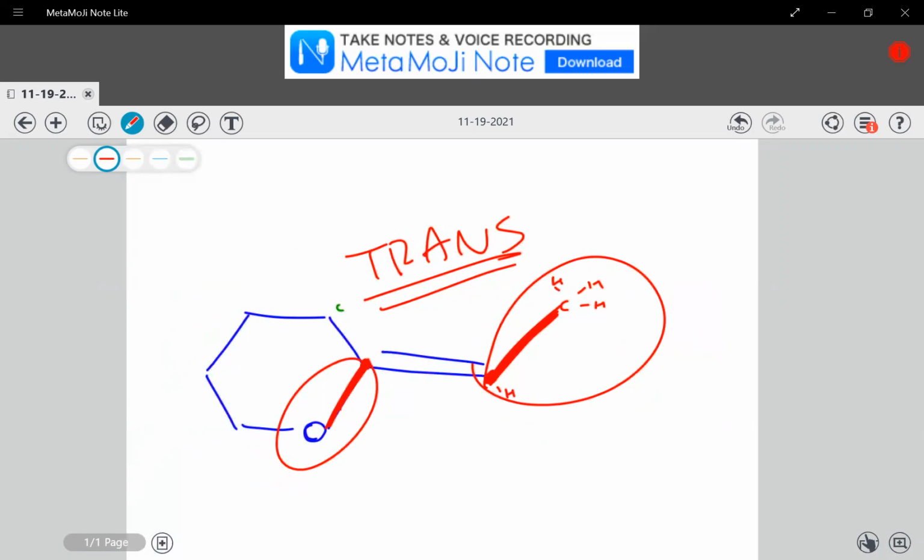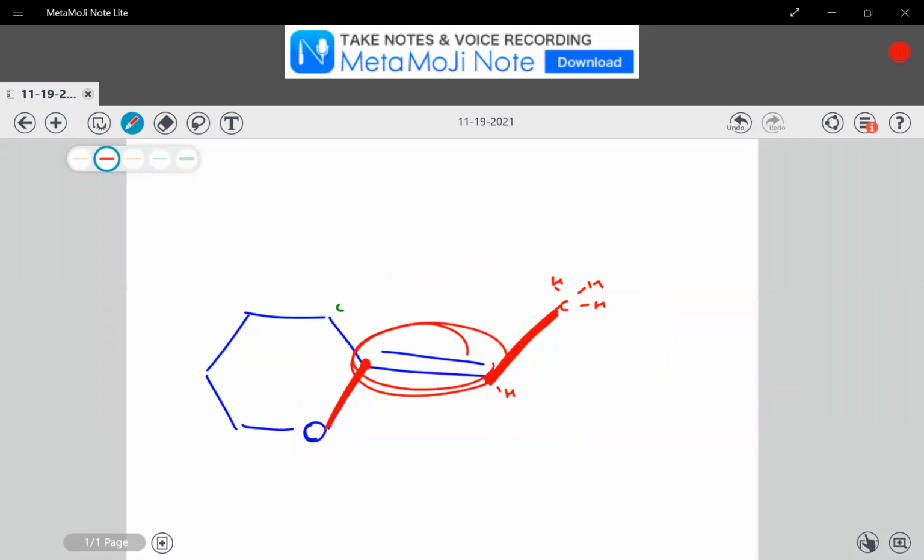One last thing about this double bond here. I know I've been referring to it as a chiral axis of sorts, but I'm not sure what else to refer to it as. So comment below if you know what I should refer to this double bond as. I feel like it should be called a chiral center. But either way, the process is still the same idea.